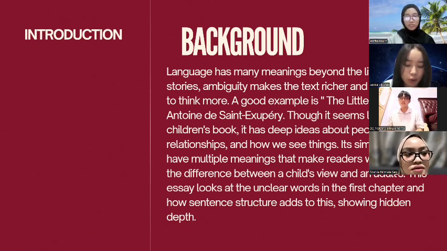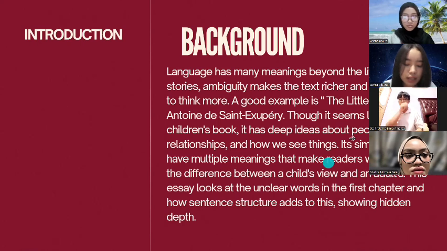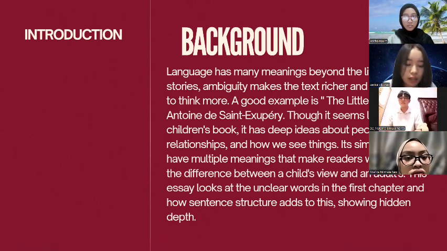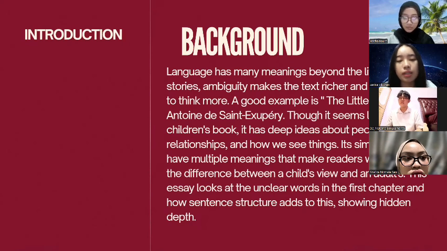Though it seems like a children's book, it has deep ideas about people, relationships, and how we see things. Its simple words have multiple meanings that make readers wonder about the difference between a child's view and an adult's. This essay looks at the unclear words in the first chapter and how sentence structure adds to this, showing hidden depth.